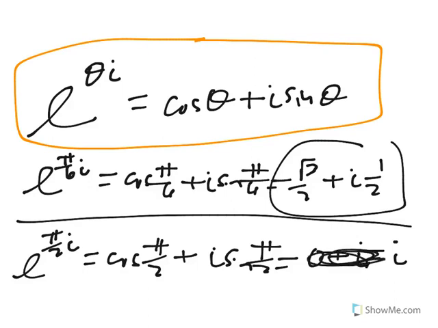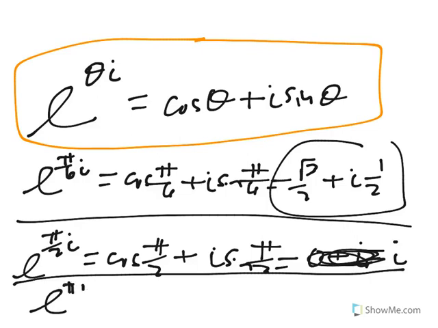So that equals i. And one other one that's notable is e to the pi i is cosine pi plus i sine pi.